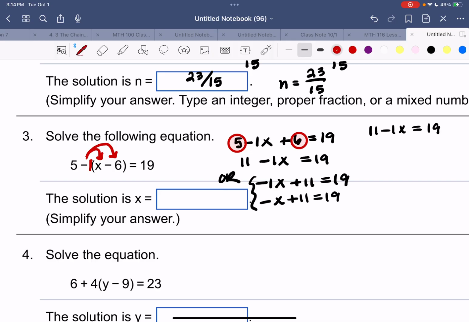I first want to move the 11, so I'll take 11 from both sides. And I get a minus 1x equals 8. And now remember, I want to get a positive 1x. Since it's being multiplied by negative 1, I divide both sides by negative 1. x is negative 8.